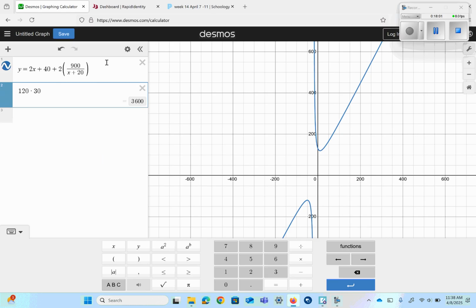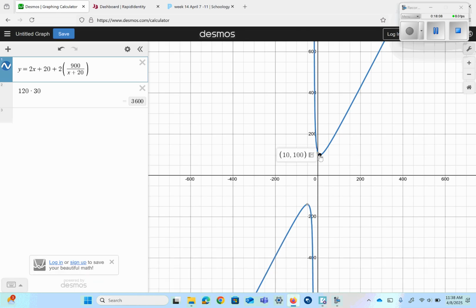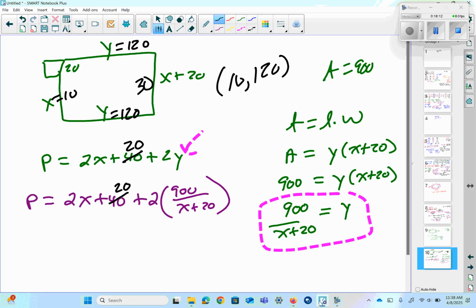It's not going to work, so we change that to 20. It just brought it up a smidge, didn't it? 10 and 100. So x is 30, 10, 100, 100. And then that's still going to give us 3,000 for an area, right?